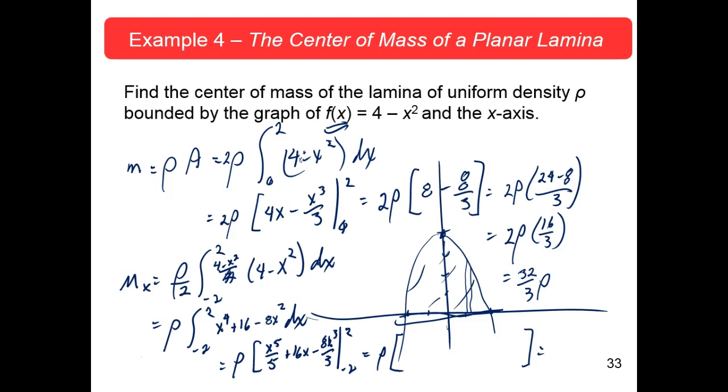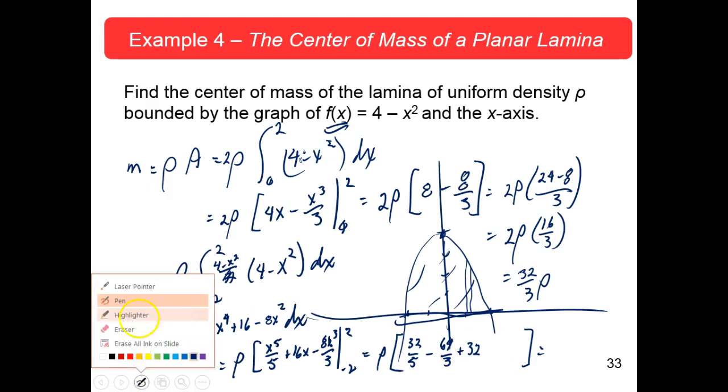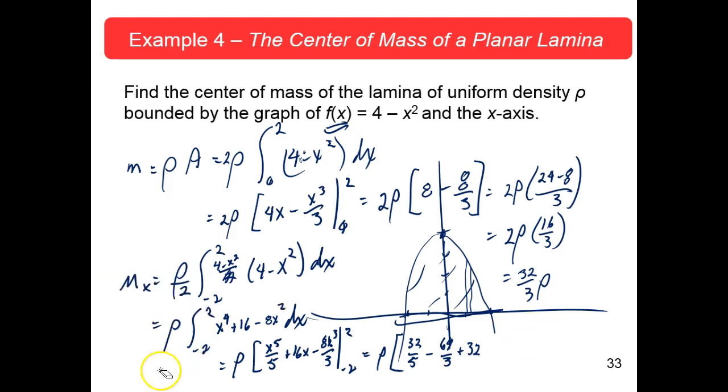So what do we get? Rho on the outside. 32 over 5. Minus 64 over 3. Okay. All right, you're rearranging the order again on me. Okay, yeah, minus 64 over 3. Plus 32. I'm going to have to extend my thing here a little bit.